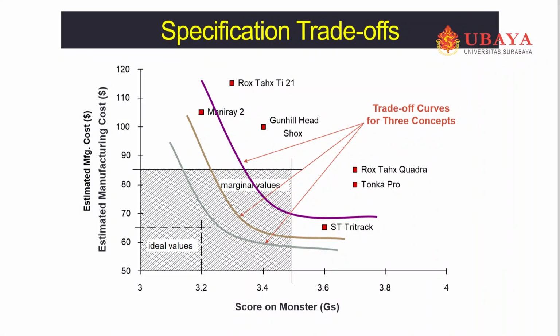Okay, so this is an illustration of the marginal and ideal values. There are 3 alternatives. This is just an example. We have trade-off curves for 3 concepts. The first concept I think is the best one, the one with the gray lines, because it is nearby the ideal values.